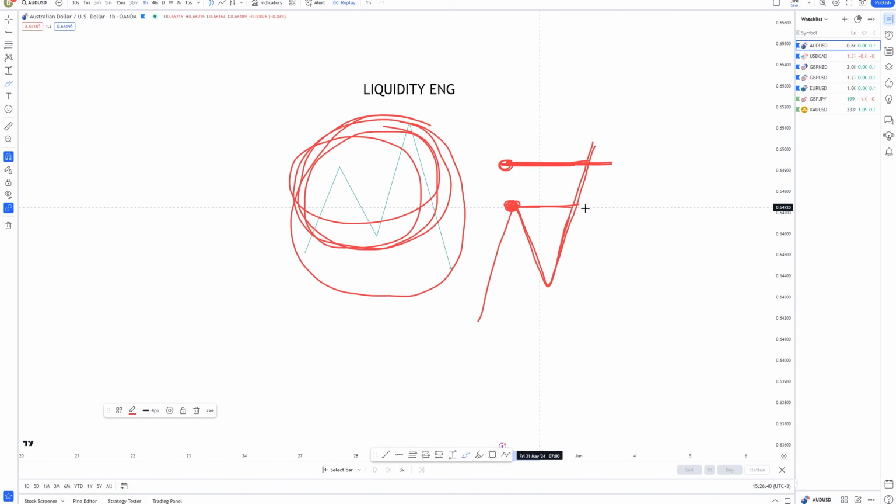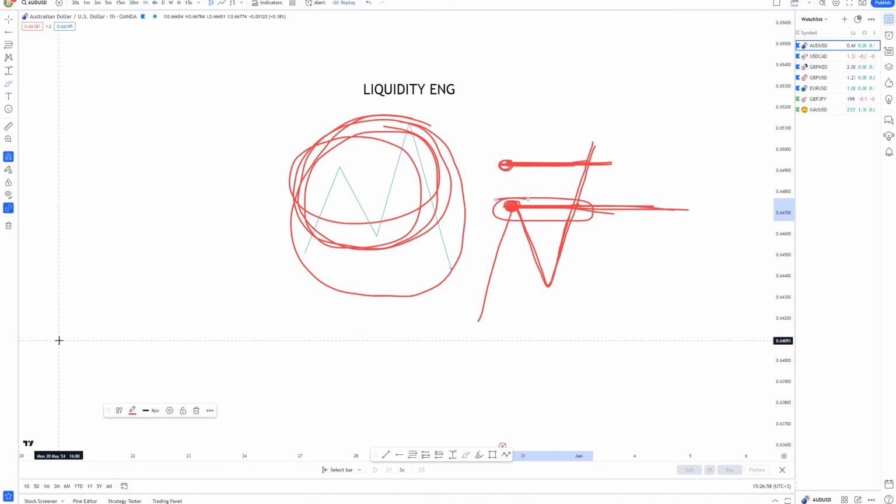After their stop losses are taken, it means they have been manipulated by the market. At first they thought that this was the resistance.